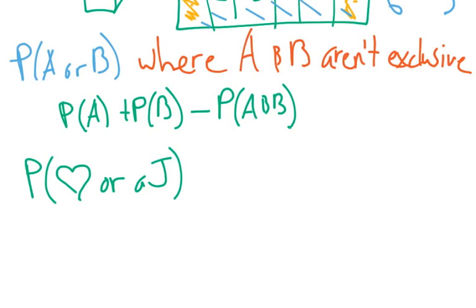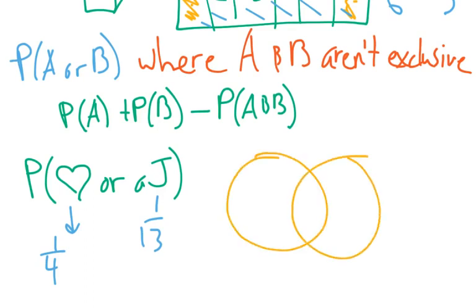The probability of getting a heart is 1/4, because there are 4 suits, and there are 13 of each one of them, so it's actually 13 out of 52, which reduces down to 1/4. The probability of getting a jack is 1/13. But here's the thing, there's an overlap. If we draw out these sets, we have all the hearts, so the 1, 2, 3, 4 of hearts, and so on.